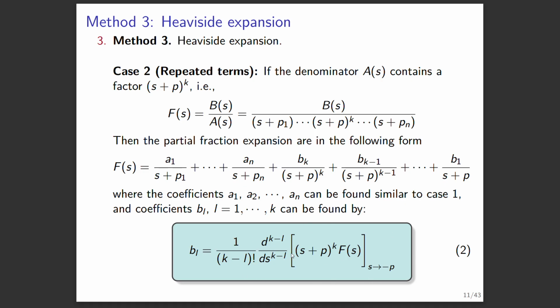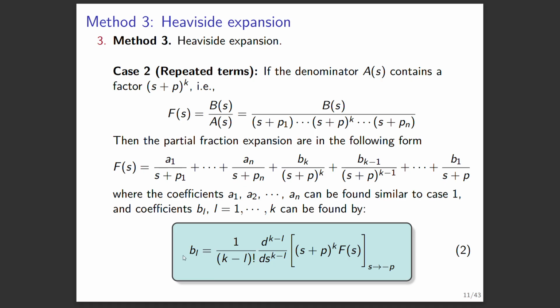For these more complicated terms, I have to use formula number 2. Formula number 2 has this term inside, which is just what the previous slide was saying: multiply this fraction by s plus pk. What is different here is that now you sometimes have to take a derivative, and then multiply by 1 divided by k minus l factorial.